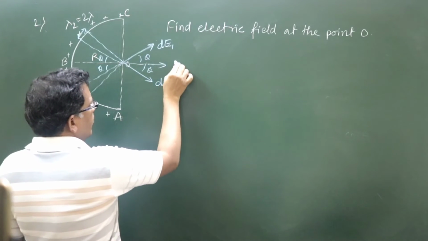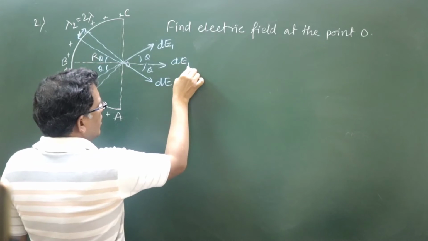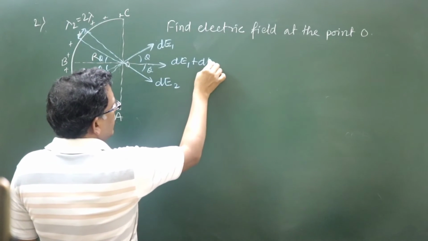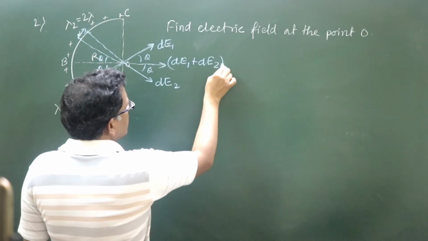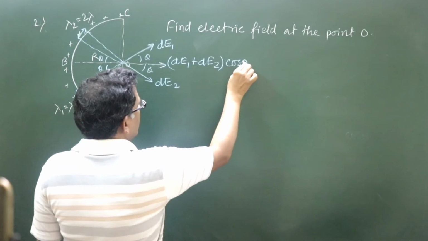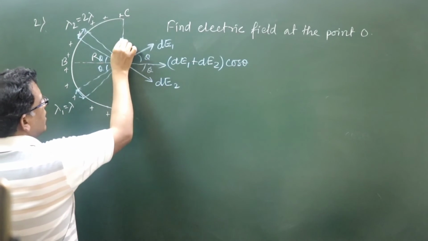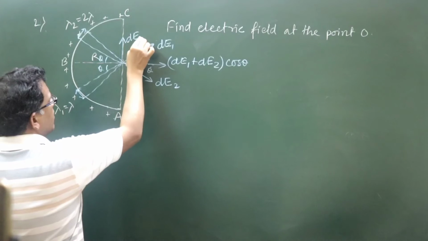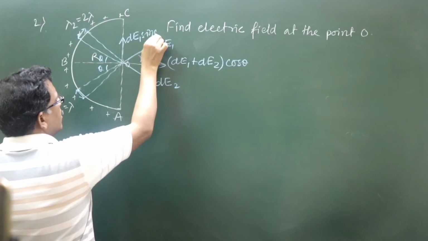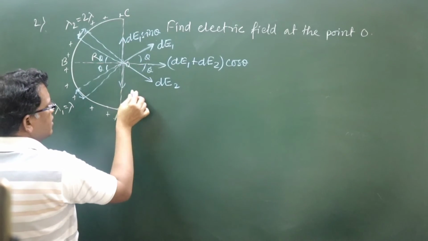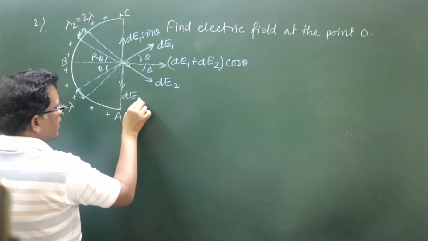In this direction it will be (dE1 + dE2) cos theta, and in this direction it will be dE1 sin theta, and in this direction it will be dE2 sin theta.